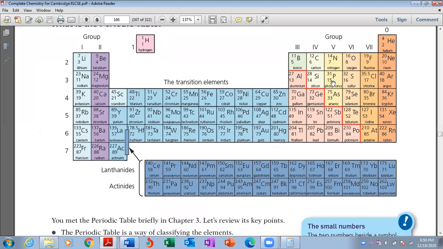Now we have phosphorus, sulfur and chlorine. So chlorine is more reactive as compared to phosphorus and sulfur. So when we are moving from left hand side to right hand side, the non-metals' reactivity is increasing, but the metallic reactivity will decrease.